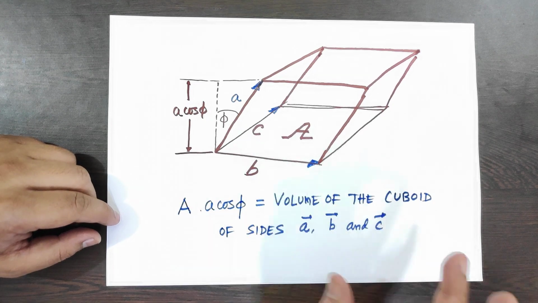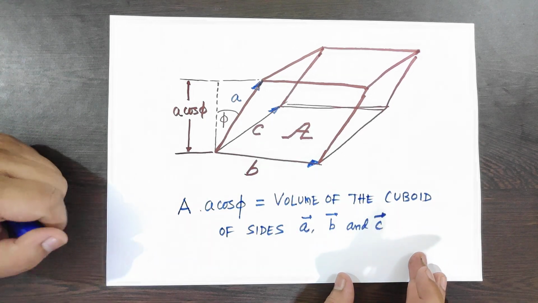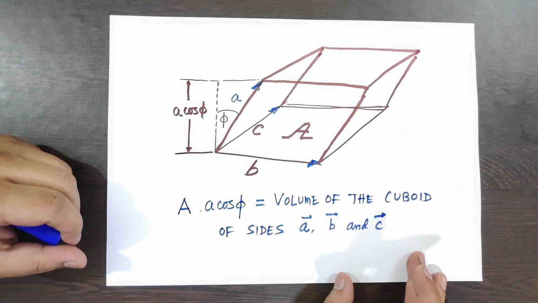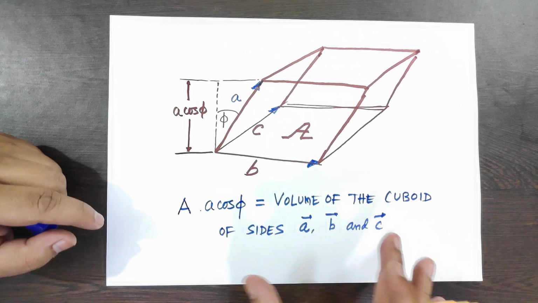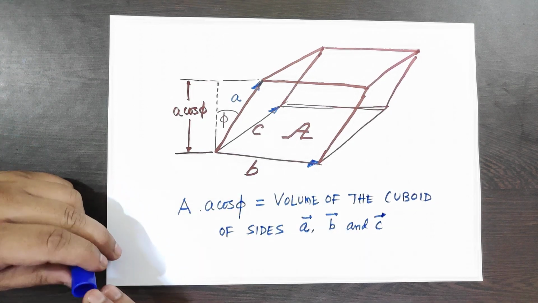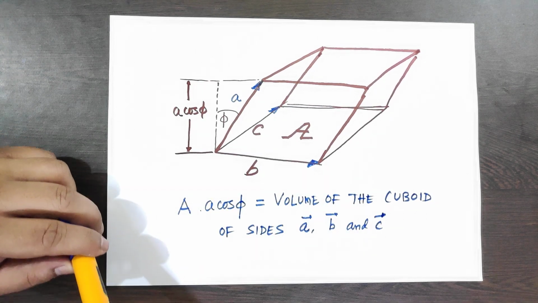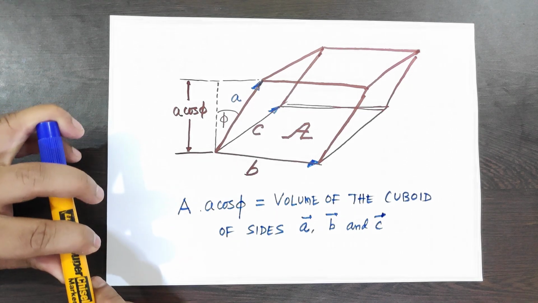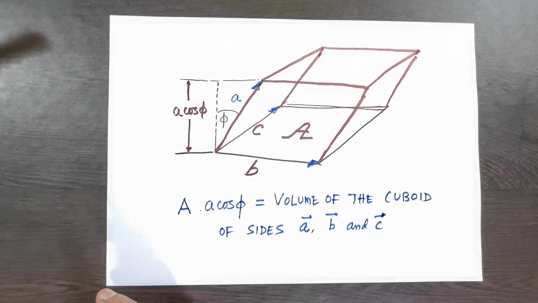So if a, b, c are three vectors, then triple product signifies the volume of the cuboid with sides as a, b, c. So whichever way you approach, it is same. Say if you do B dot C cross A, you will get the same volume, right?